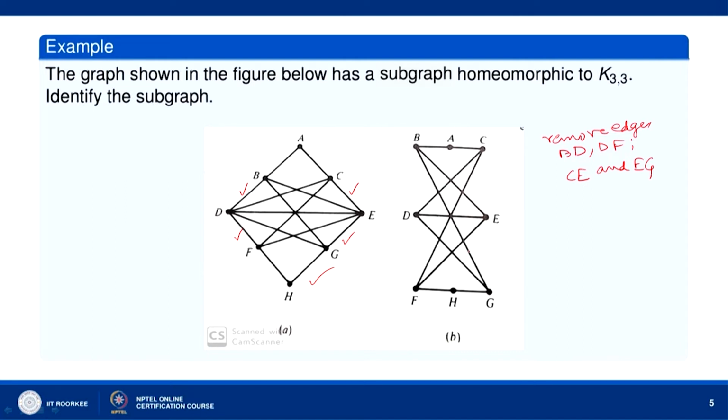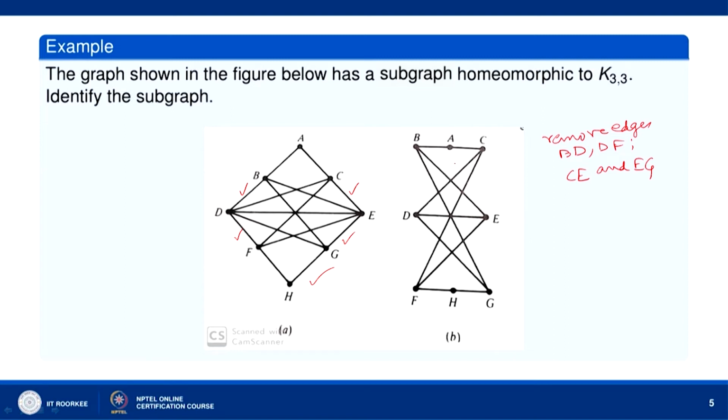Now, this graph is homeomorphic to K33. Okay. So, why is it homeomorphic to K33? Because in the K33 graph this A vertex and H vertex are not there. Okay. The remaining graph is isomorphic to K33.